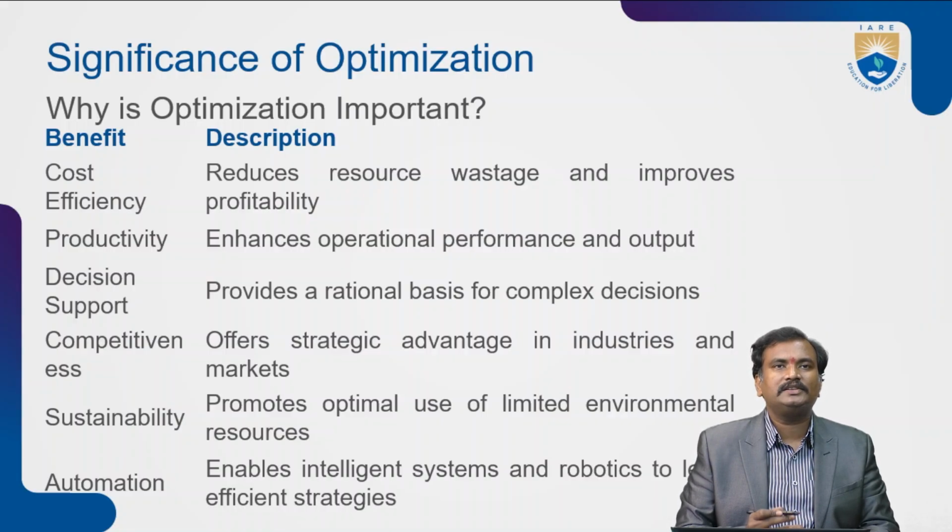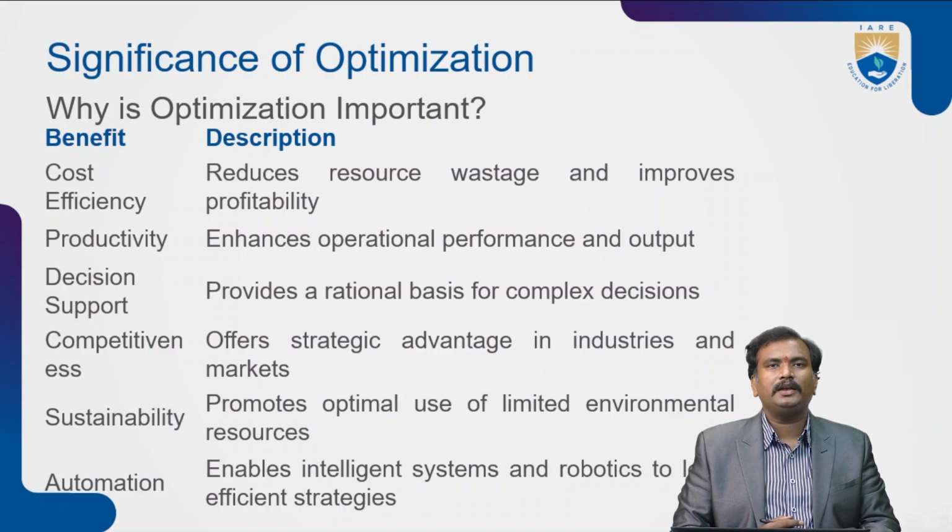And the next one is decision support. Whenever we have some particular constraints and we solve those constraints, it provides a rational basis for complex decisions. And competitiveness, which offers strategic advantage in industries and markets.